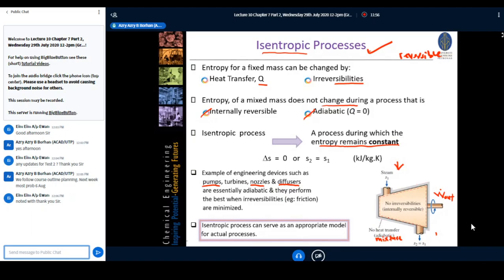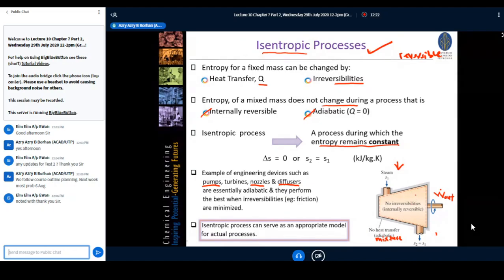And if the equipment is insulated, meaning there's some layer covering the equipment to avoid any heat transfer between the control volume and the surroundings, then this satisfies what is called an isentropic process of steady flow devices.